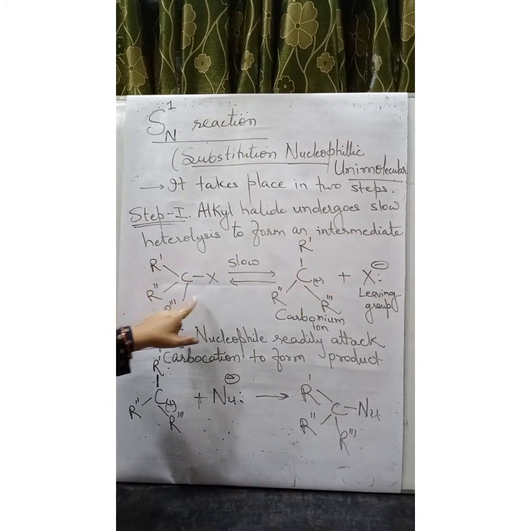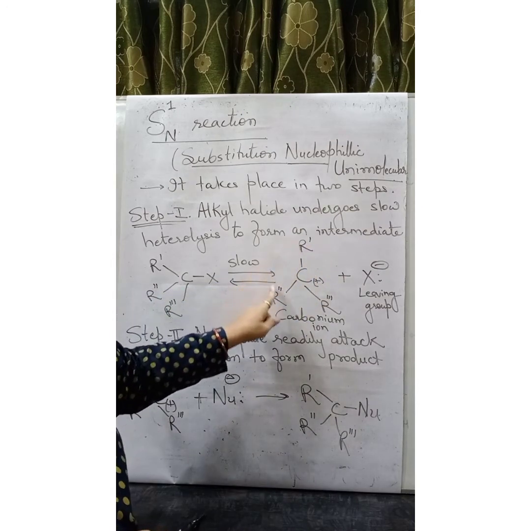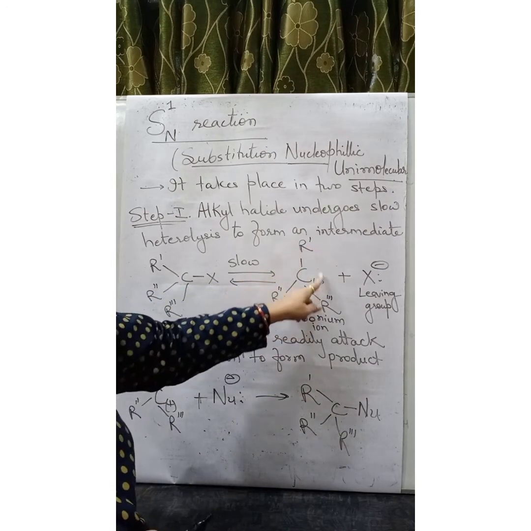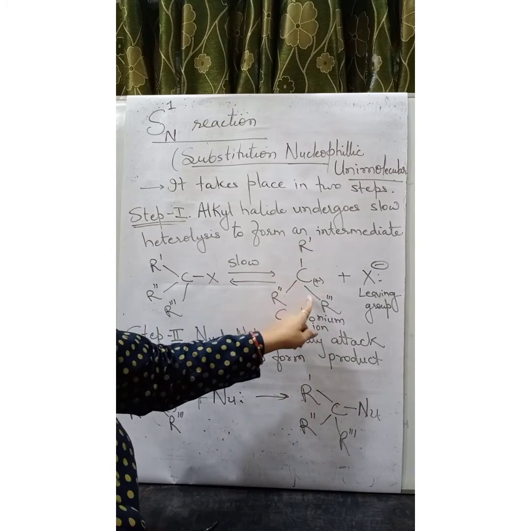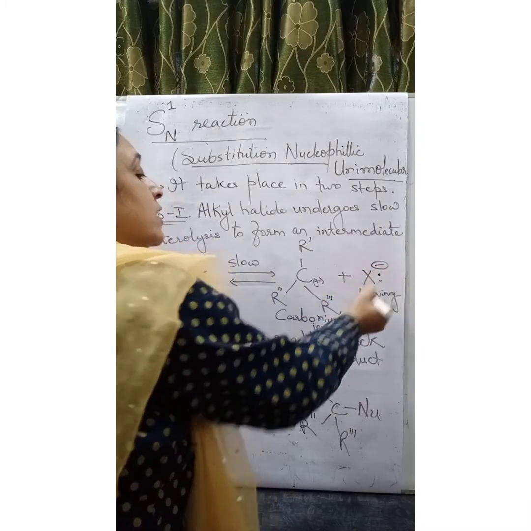See, this is an alkyl halide having 3 groups attached to it and a halogen group. Now in the very first step, the halogen moves out with its electron pair. It results in the formation of a planar carbonium ion or carbocation as an intermediate, and the halogen goes out with its electron pair as the leaving group.